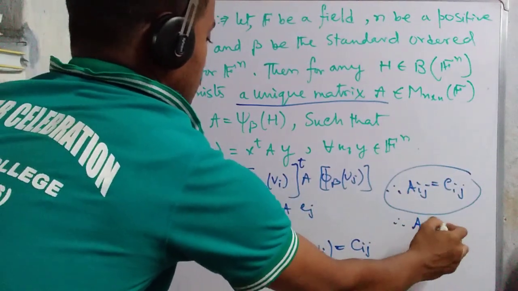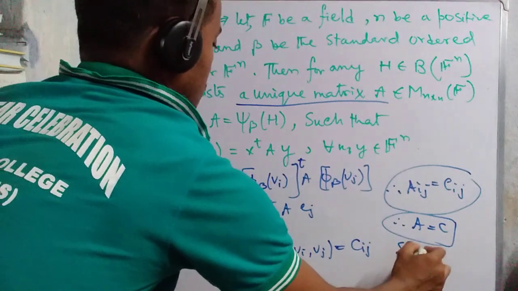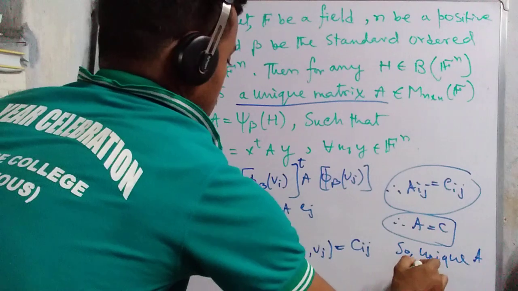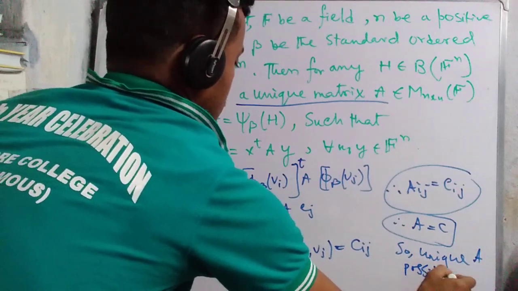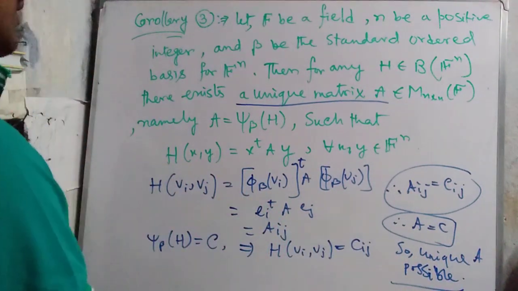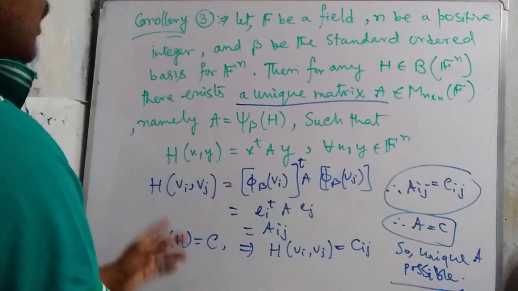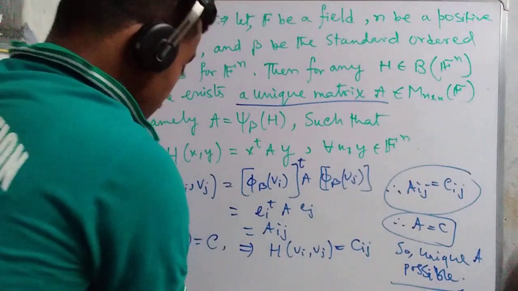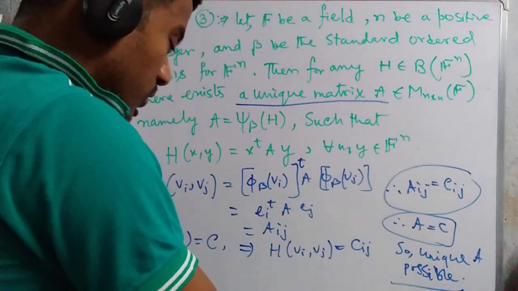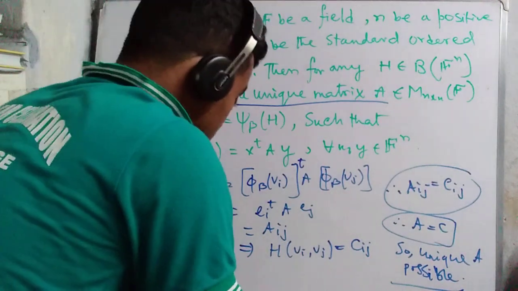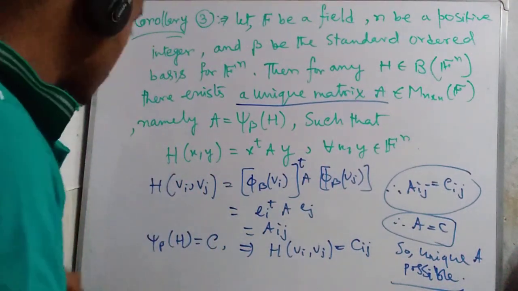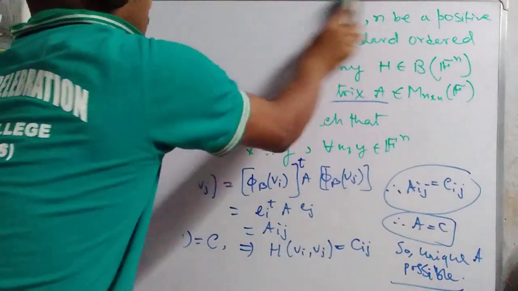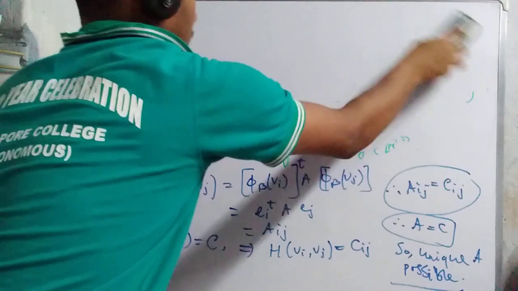Then A equals C. So a unique A is possible. Okay, understood or not? I think all understood this one. That means how we write this one easily. Okay, then we are also going to discuss one example related to that topic. We now erase that portion and go on to one example related to that topic.